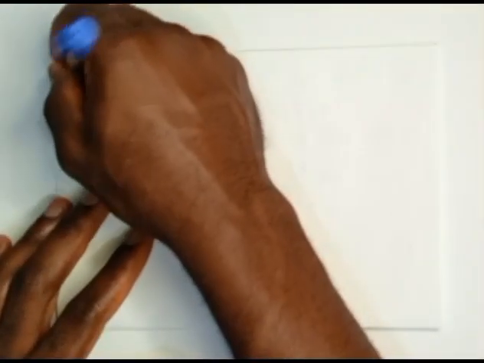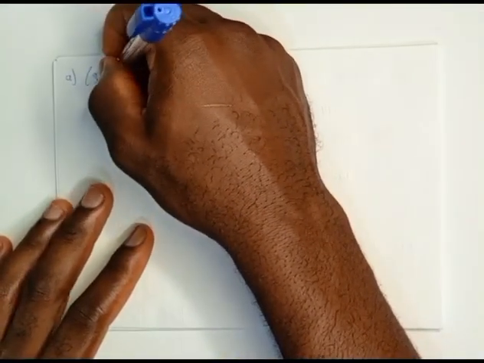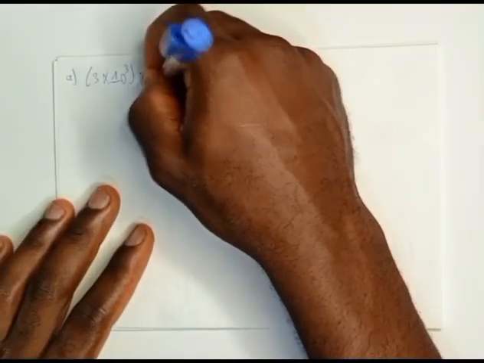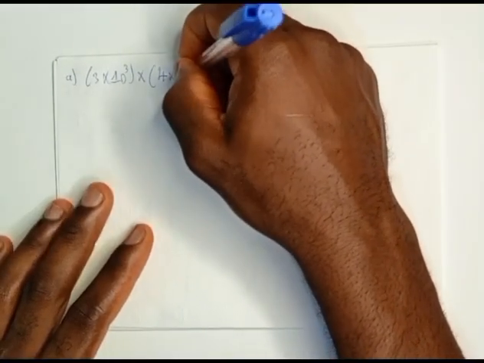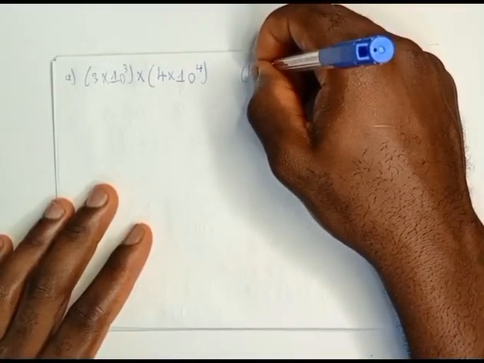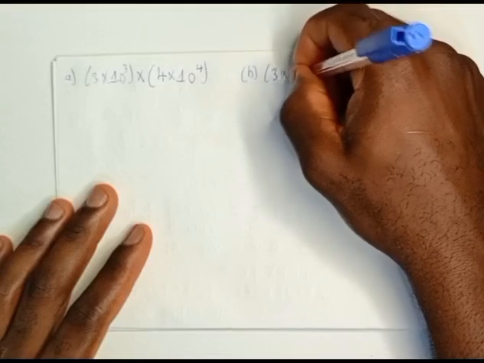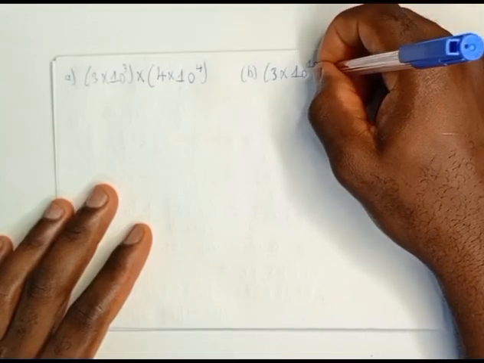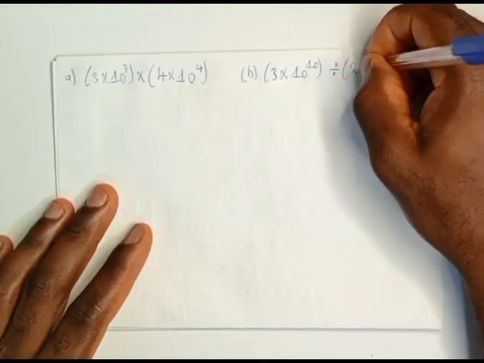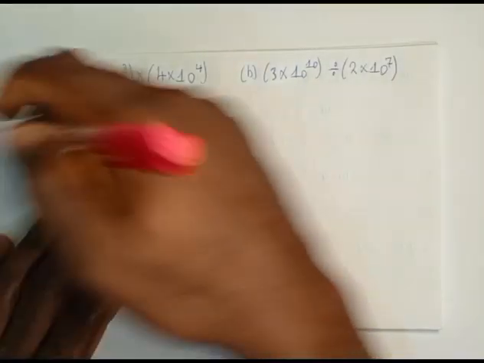For the first question, A, we have 3 times 10 to the power 3 times 4 times 10 to the power 4. Question B, we have 3 times 10 to the power 10 divided by 2 times 10 to the power 7. Take solution.